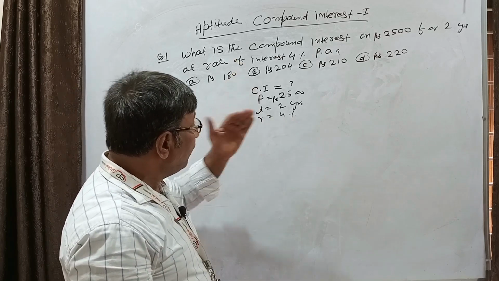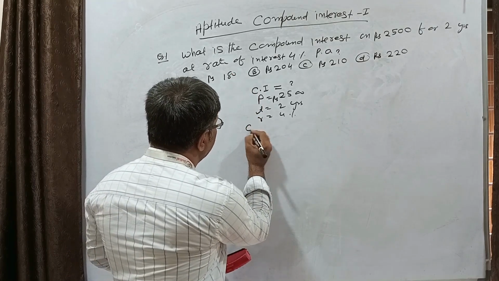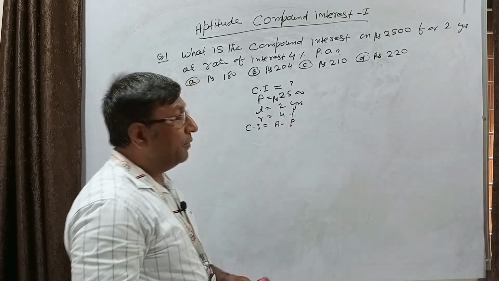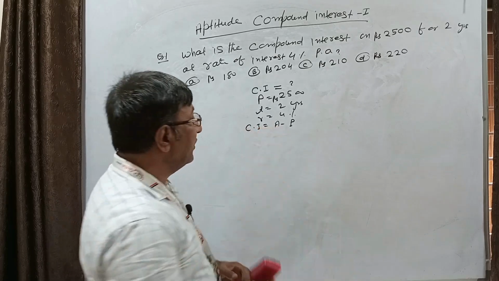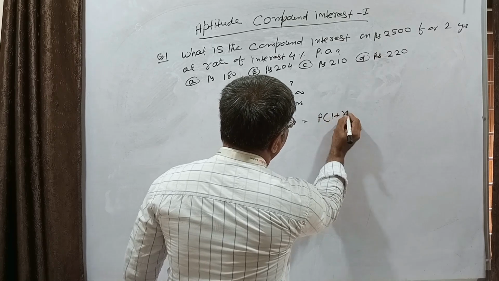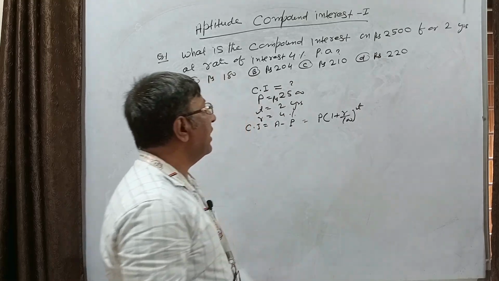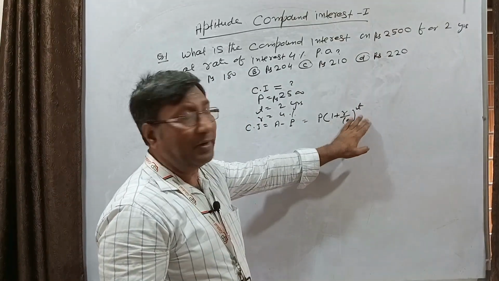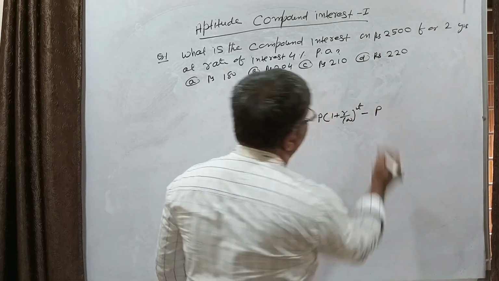So what is the formula of compound interest? Compound interest, you can write amount minus principal. But here amount is also not given. First we have to find amount. The amount formula is P into 1 plus R by 100 to the power T. And this minus P, we can find our answer.